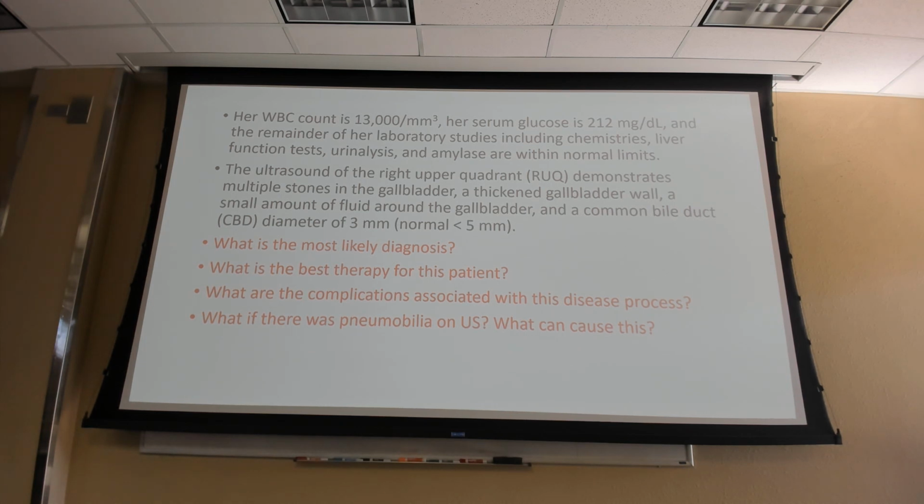The CBD is engorged, and we're worried about a stone in there causing some sort of obstruction. And then what do we call it when it gets infected at that point? Like a cholangitis, okay. Good. And then when do we see pneumobilia? Likely from a gallstone ileus is when we might see that. There are certain gas-forming infections, but typically we associate pneumobilia with gallstone ileus. Good.